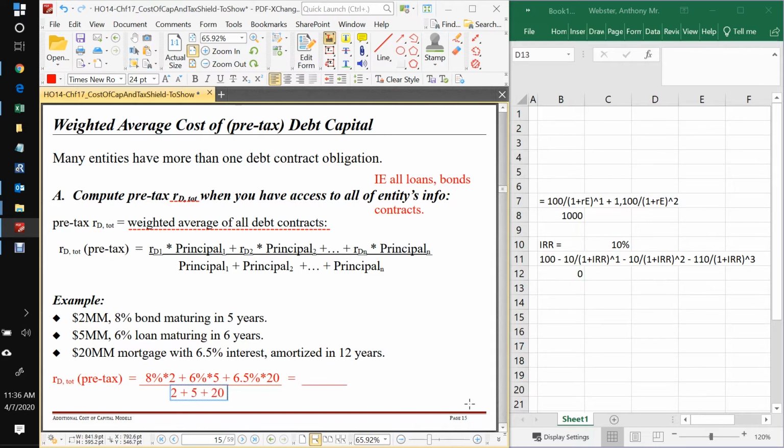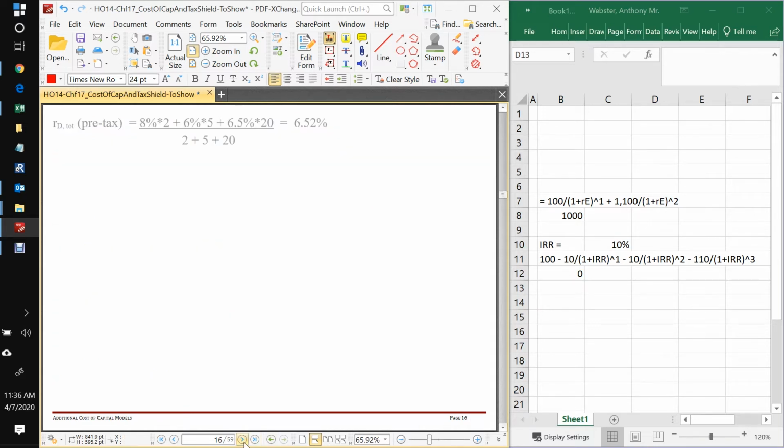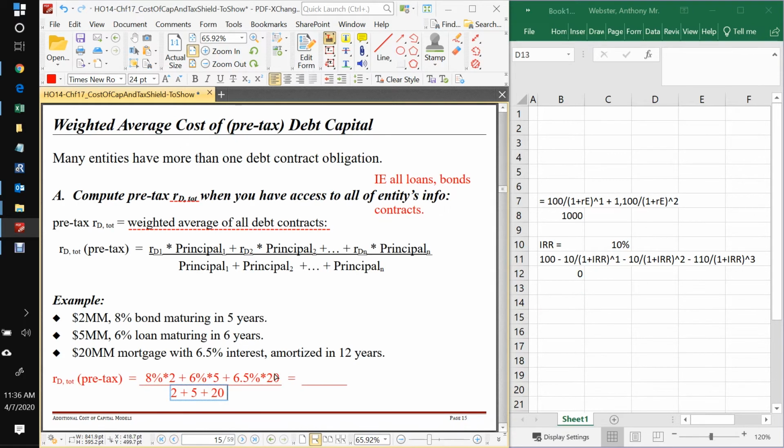I'll leave you to work that out, but I got 6.522%, and you should too. So this is how we get the pre-tax weighted average cost of capital for an entity when it has more than one debt contract outstanding.